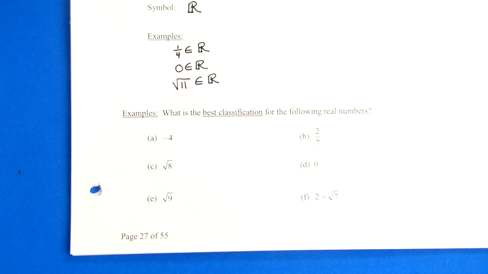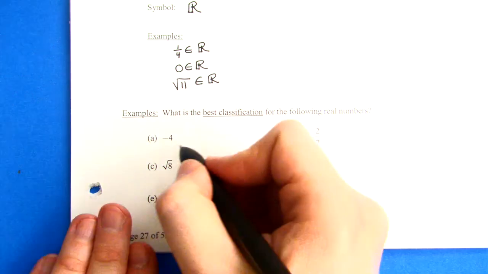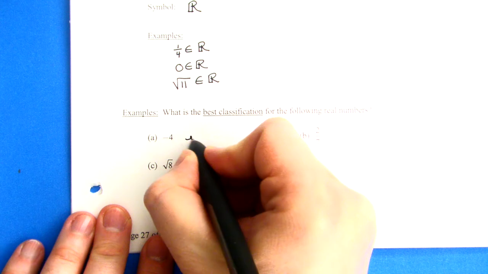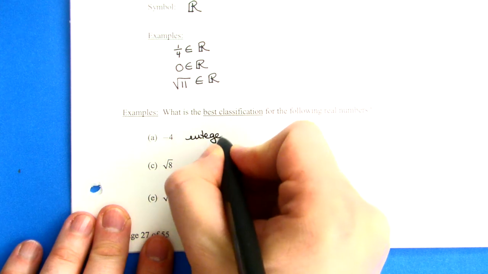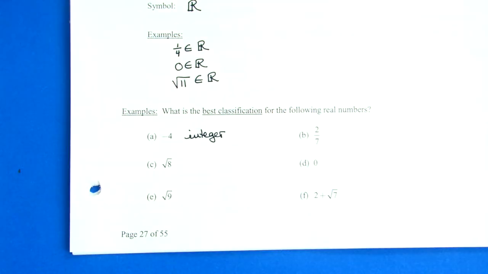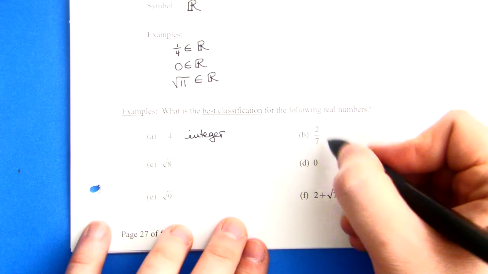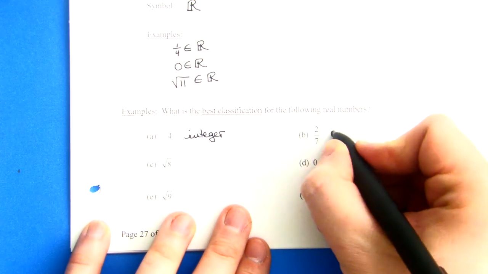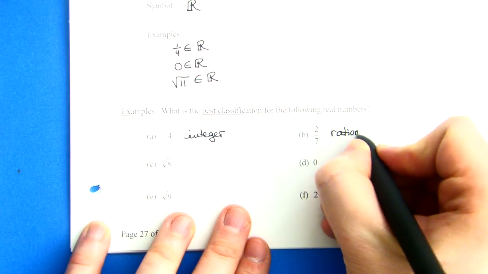Letter A, what's the best classification for -4? Well, it's a negative of a whole number. That's going to make it an integer. Its best name is integer. What about B, 2/7? It's a number written as a fraction, and I can't really do any better than that, so we're going to call this a rational number.